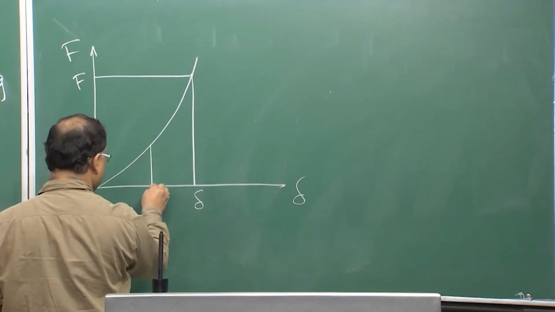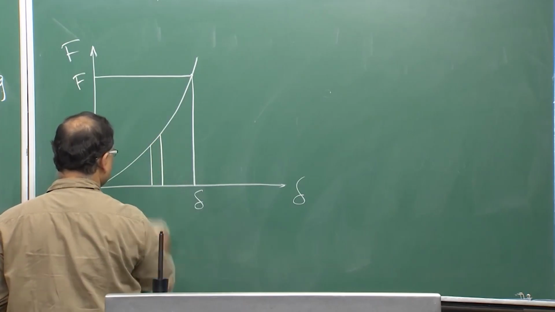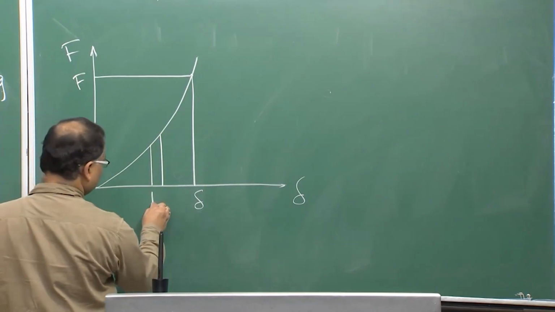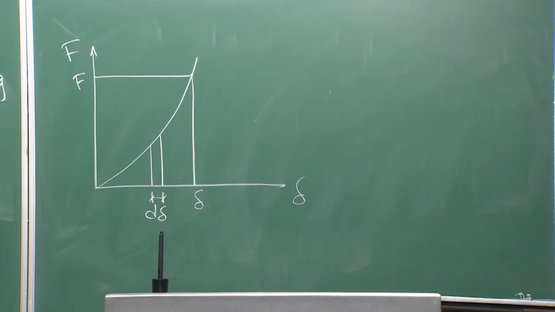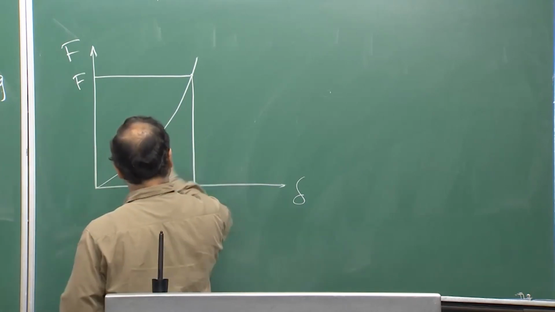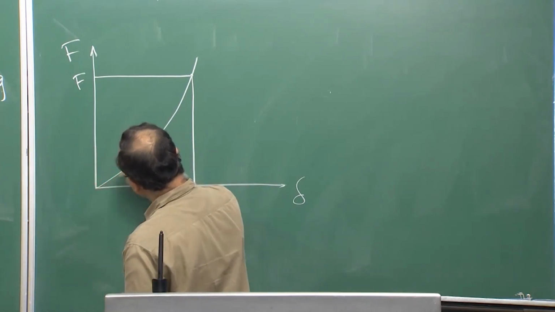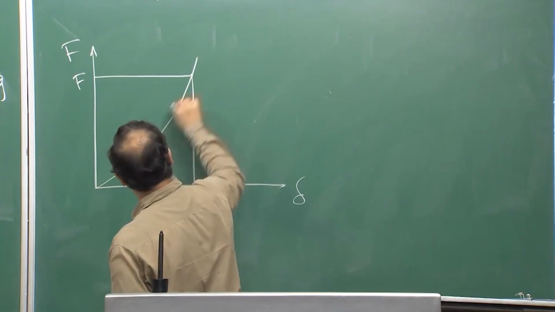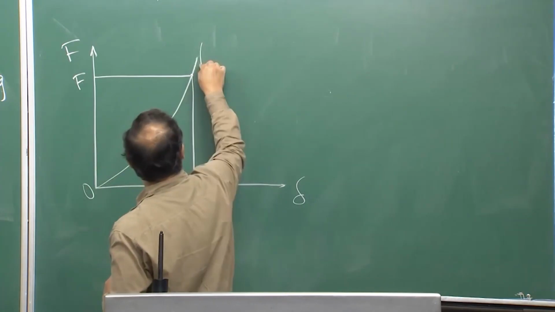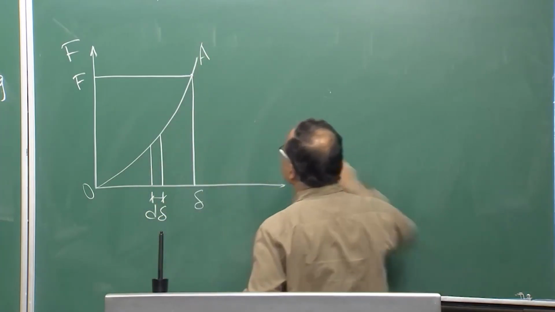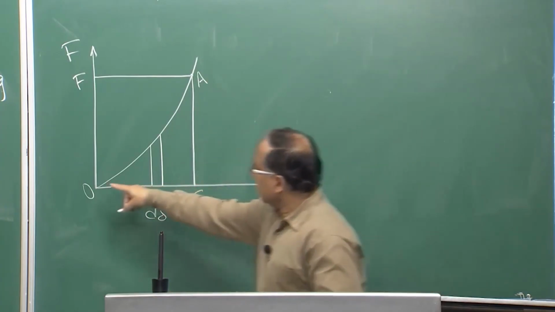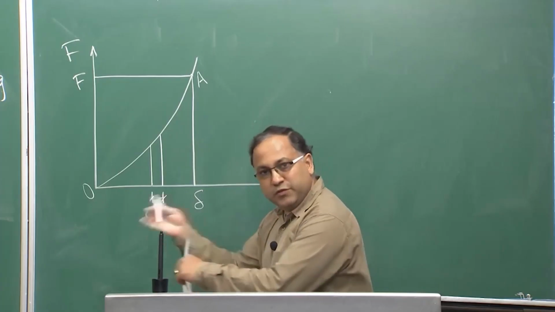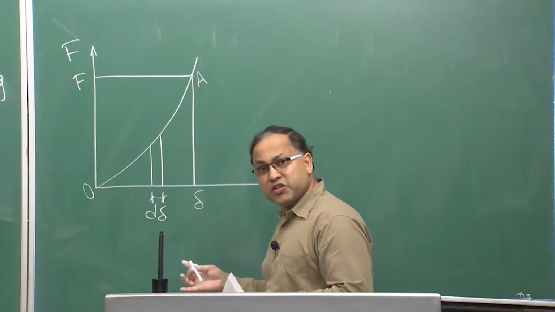So, this is your d delta. Now this part, basically the area under this curve, if I say this is OA, area under this curve will give you the potential energy as per definition.